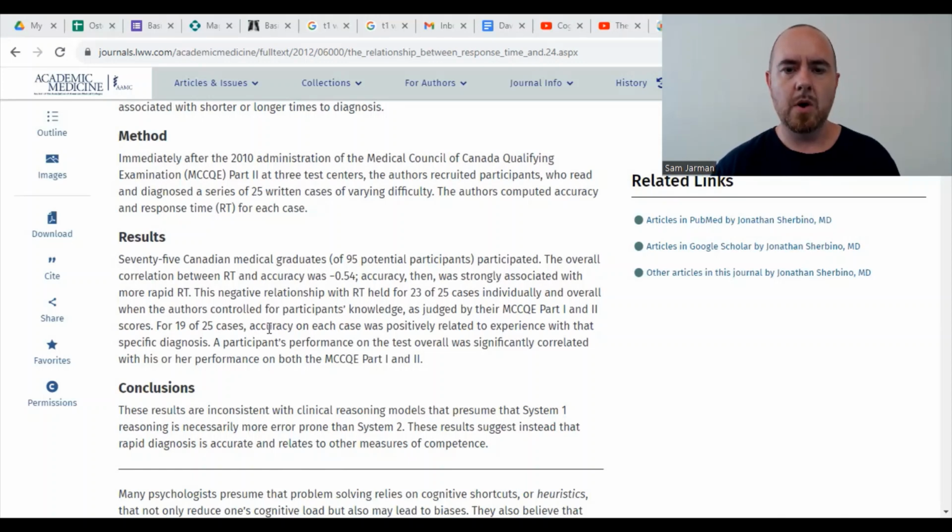So the existing models that would broadly suggest that there is a skill that is abstract called clinical reasoning or diagnostic reasoning probably isn't the thing that we think. This actually relates well to the concept of critical thinking.